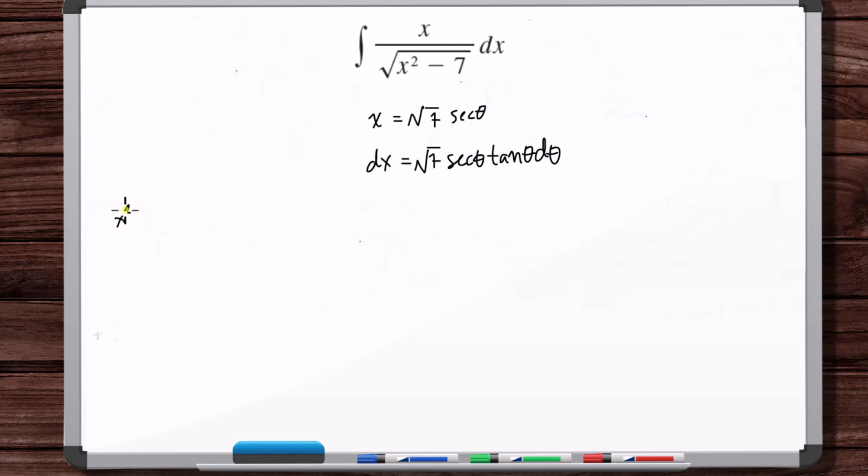Okay, so 7 secant squared theta minus 7.